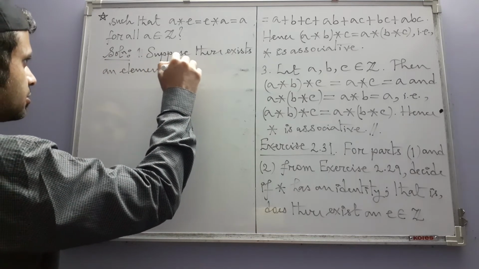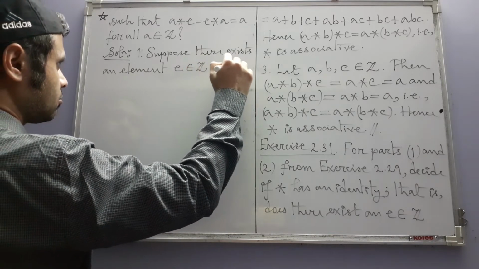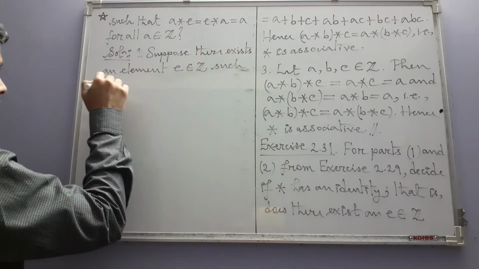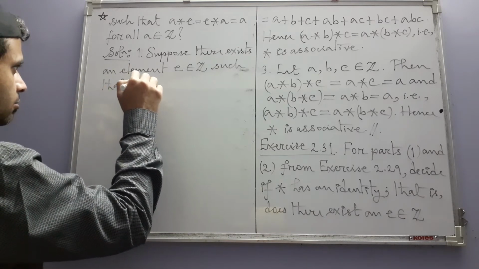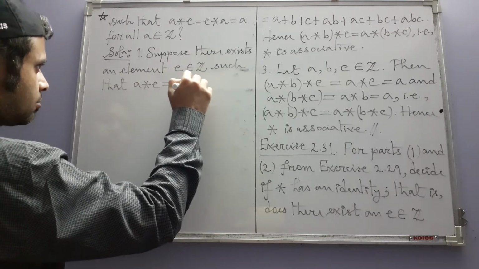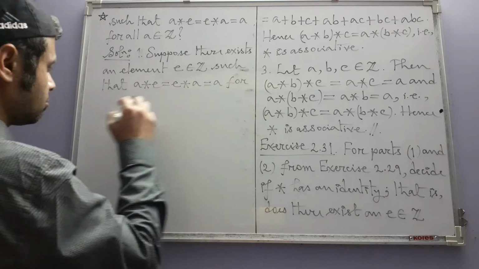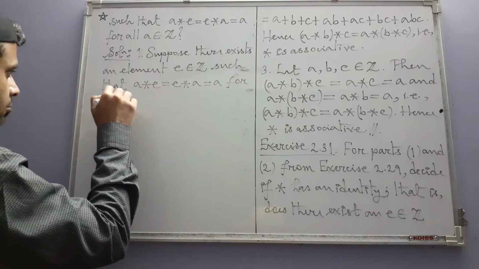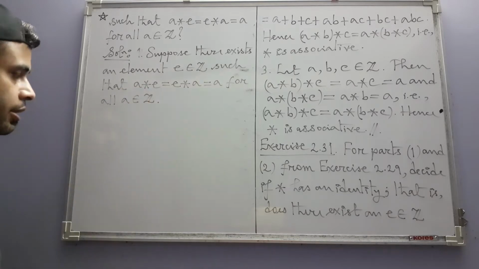Suppose there exists an element e such that a star e and e star a both equal a for all integers a.